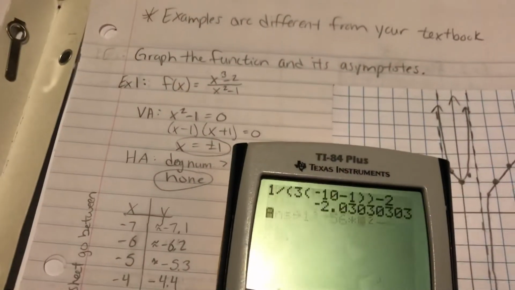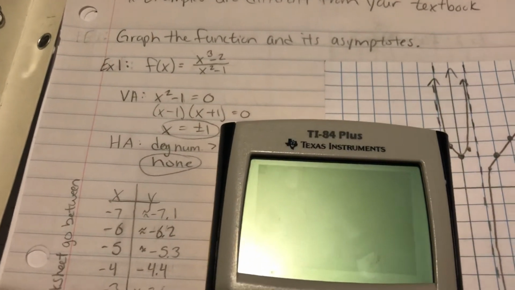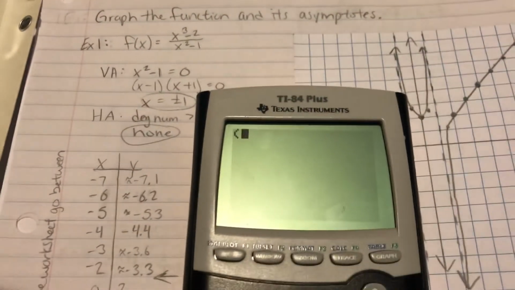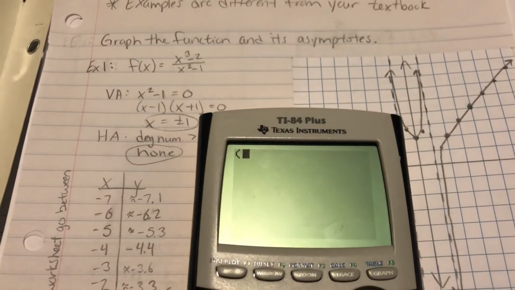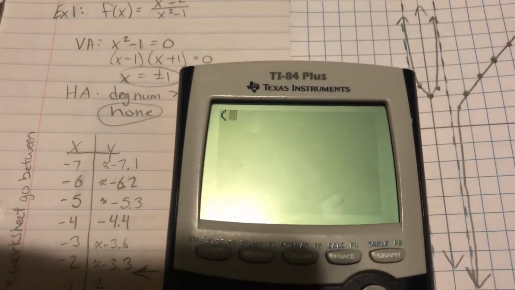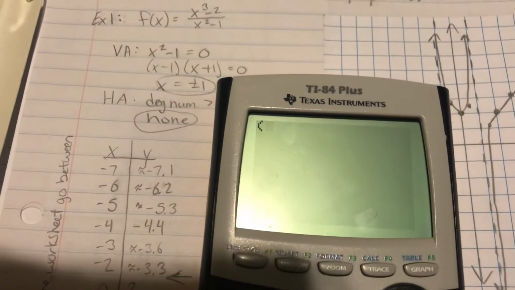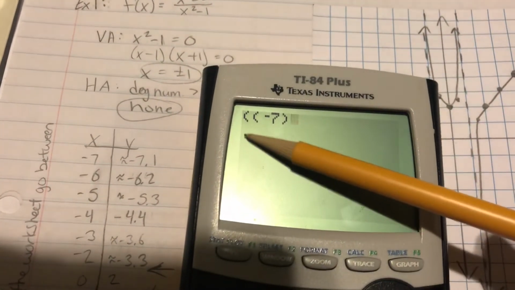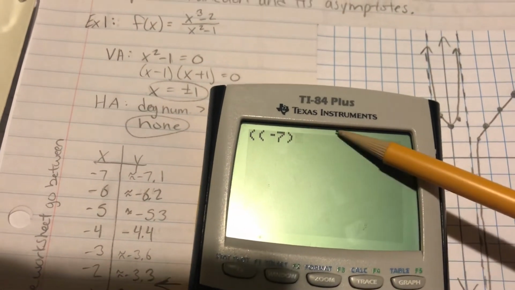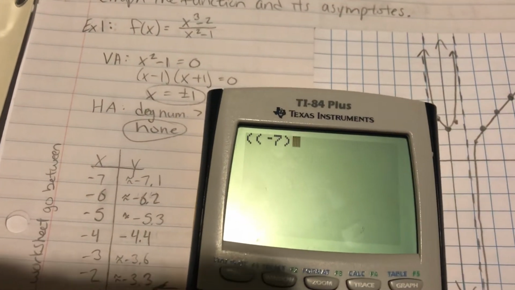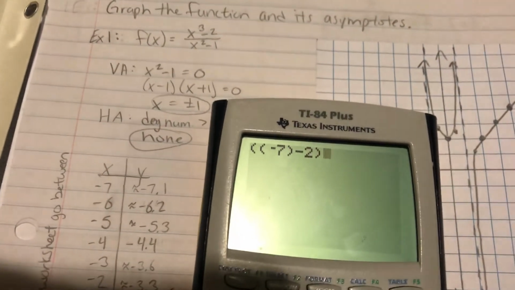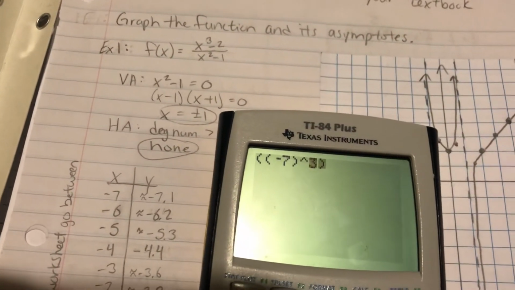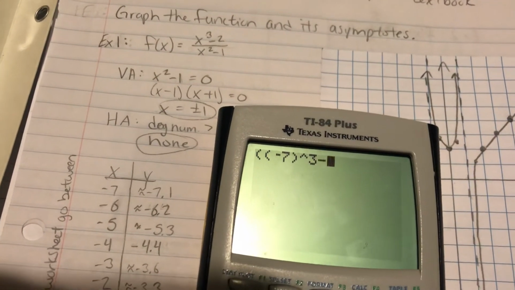So for this particular case, we want to start with the numerator in parentheses and the denominator in parentheses since we do have multiple terms in both. So let's say we want to do -7. So I'm going to do -7 in parentheses, but the reason why I have that separate set of parentheses open is because I'm going to group my whole numerator in parentheses. Like so. Oops, I forgot the 2 to the 3rd. -2.